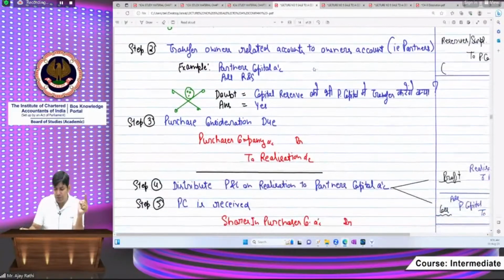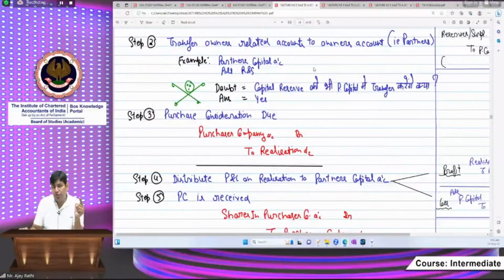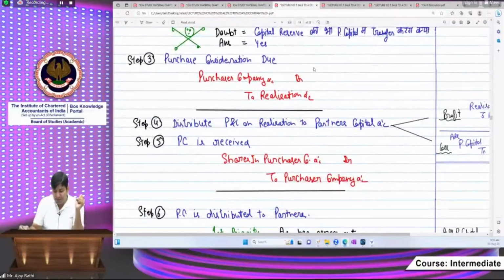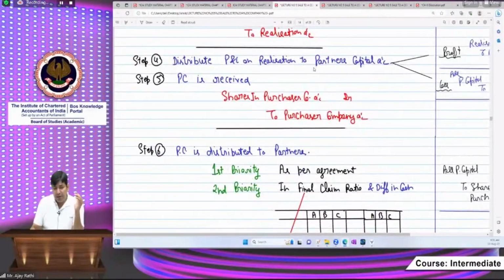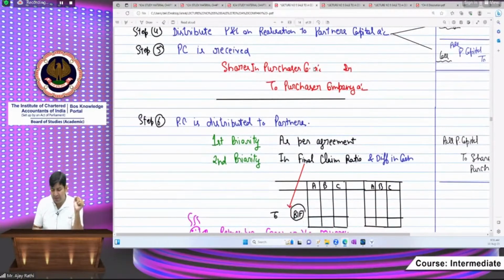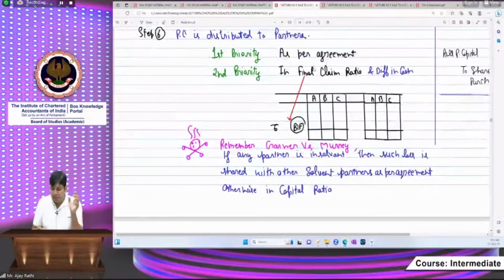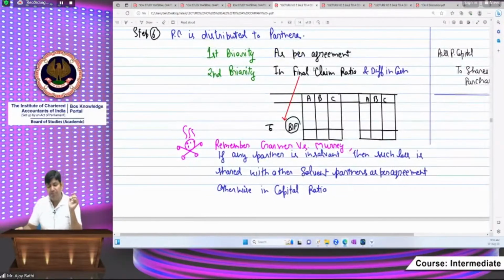Step number 2, transfer owner's related accounts to the owner's account. Step number 3, PC must be due. Step number 4, reduction profit and loss must be distributed to partners. Step number 5, PC is received and then PC is distributed. Here you have to take care that PC must be distributed in the final claim ratio, if nothing is given as per the agreement.